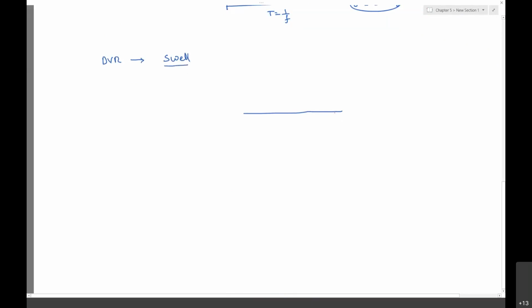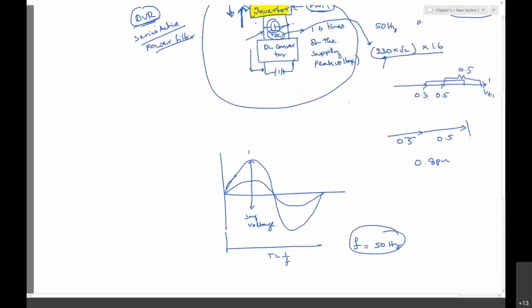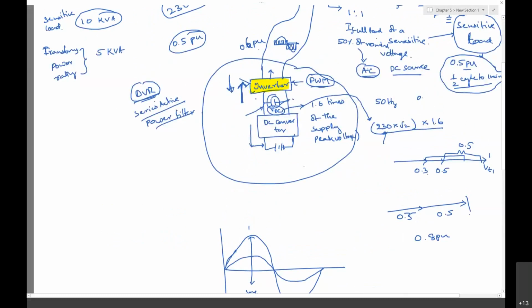During the voltage swell also, see here I mentioned, keeping this particular voltage of 230 into root 2 times 1.6, we can have the power flow in this particular direction.